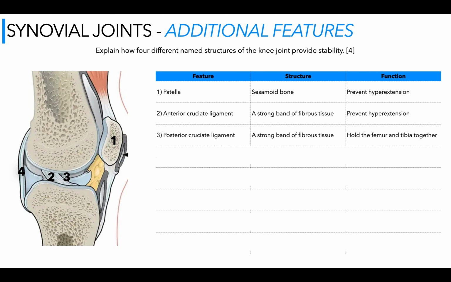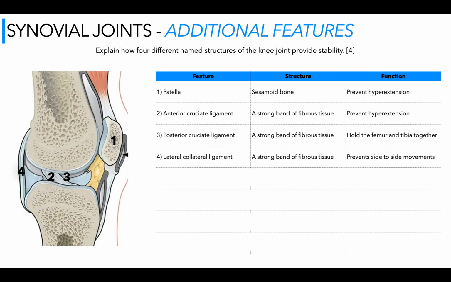Moving on to number 4, we have another ligament, and this is the lateral collateral ligament, and again, a strong band of fibrous tissue, and this is to prevent the side-to-side movements. Now, lateral meaning the ligament on the outside, and we'll cover this word lateral more when we go on to joint movements away from the midline.